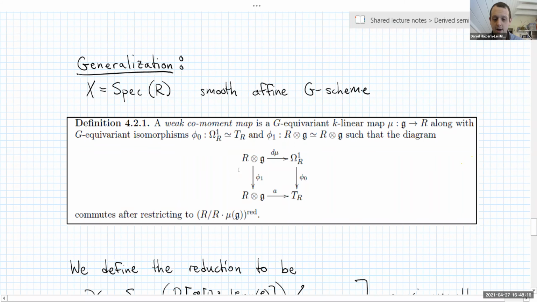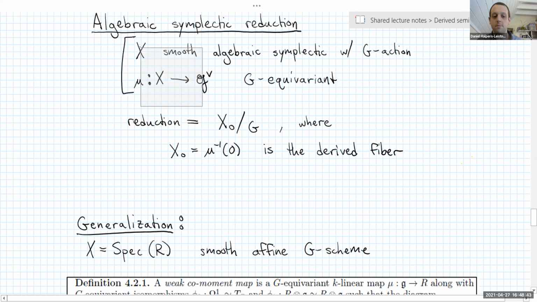So basically it's a diagram like this where the vertical arrows are isomorphisms, and it doesn't actually have to commute. It only has to commute if you restrict to the zero fiber. So this mu mapping g to R is the same thing as giving a map from spec of R to g dual as a scheme. So this is the algebraic version of this picture.